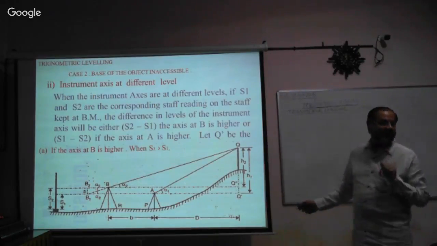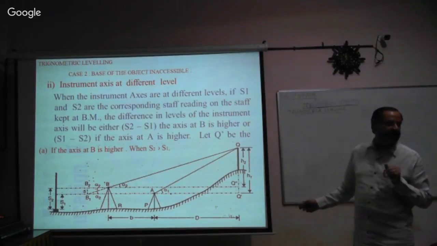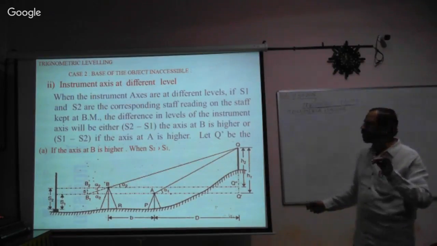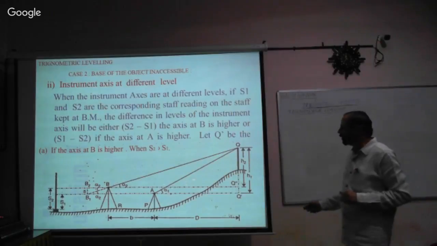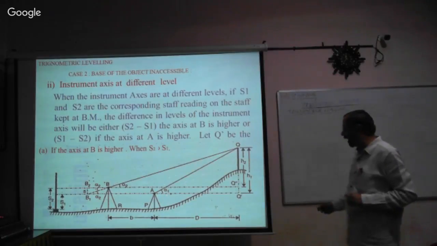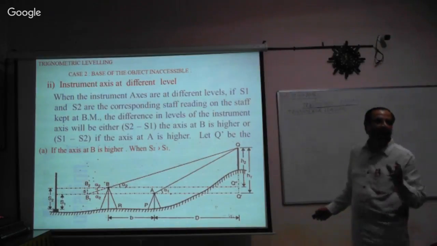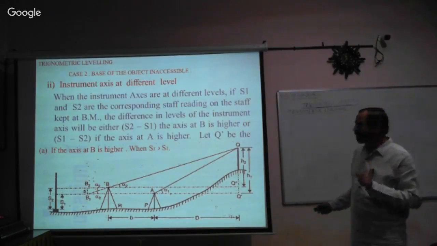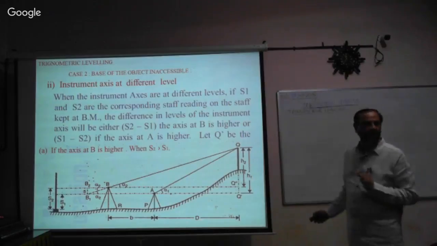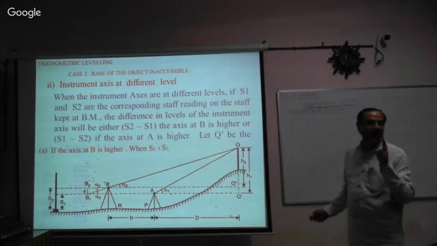Now our problem starts, because there are unknowns. If you consider the first triangle, H1 is unknown and D is also unknown. With two unknowns, one equation is not possible to solve.